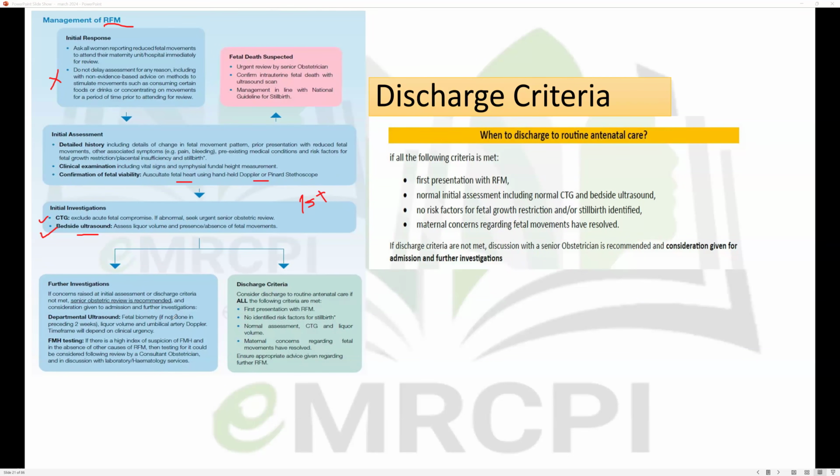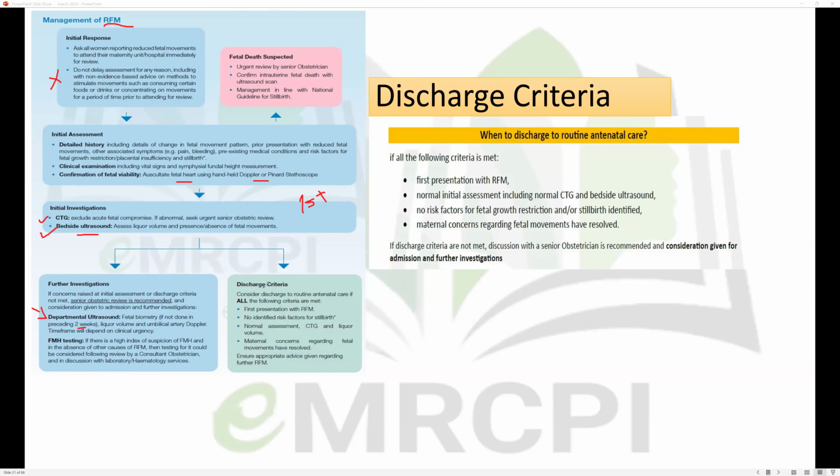Departmental ultrasound: fetal biometry, if not done in the preceding 2 weeks, liquor volume, and please remember here, departmental ultrasound is different from the bedside ultrasound. Liquor volume and umbilical artery Doppler, time frame will depend on the clinical urgency. Fetal-maternal hemorrhage, if there is a high index of suspicion of fetal-maternal hemorrhage.